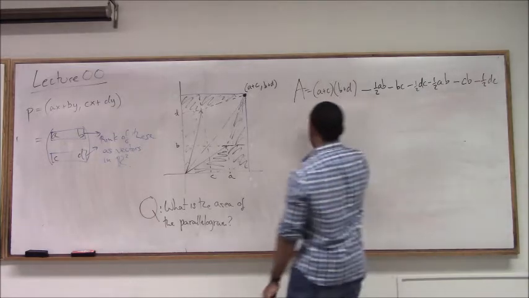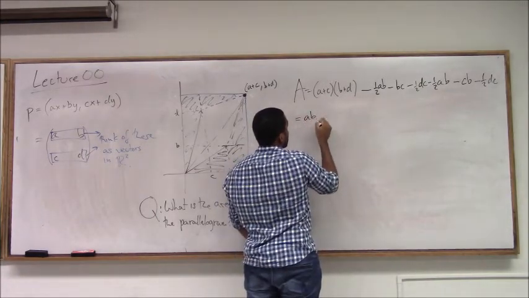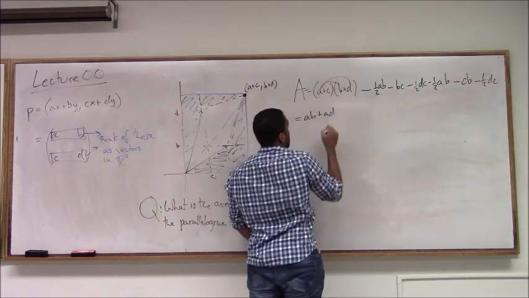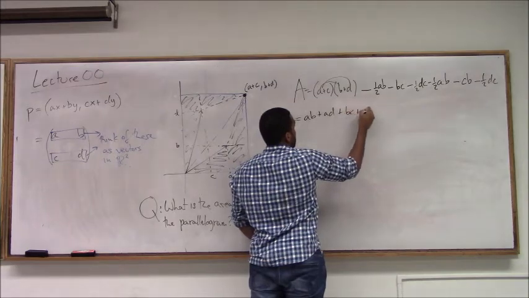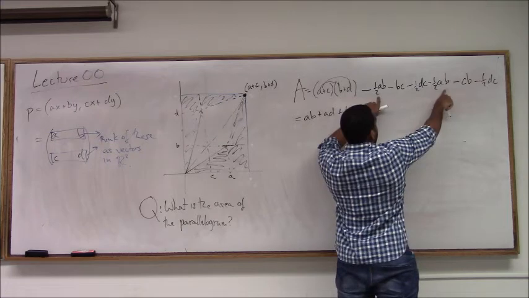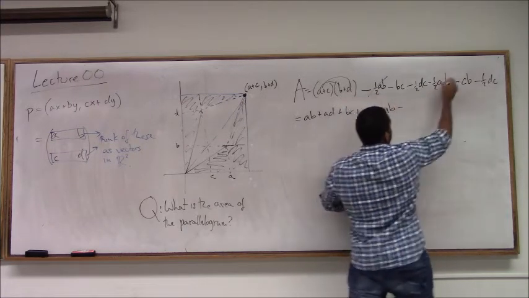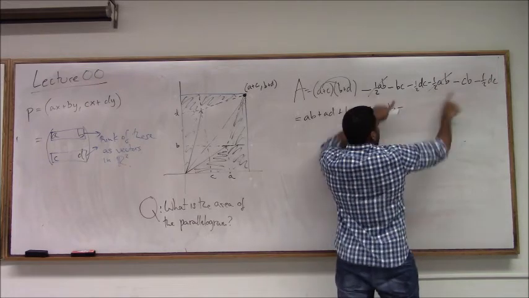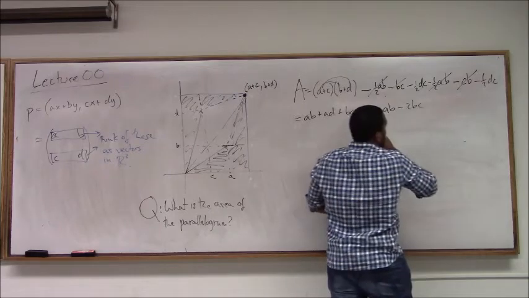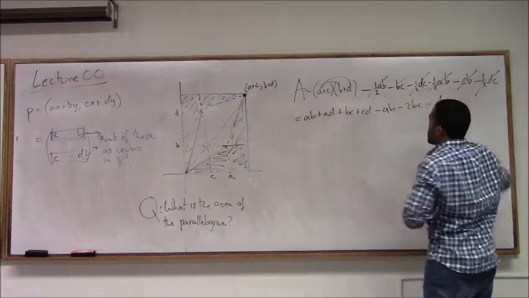Hopefully we did that correctly. Let's actually simplify. This multiplies out, I get AB plus AD plus BC plus CD, minus AB, minus 2BC, minus DC.